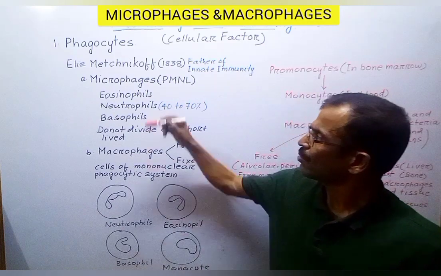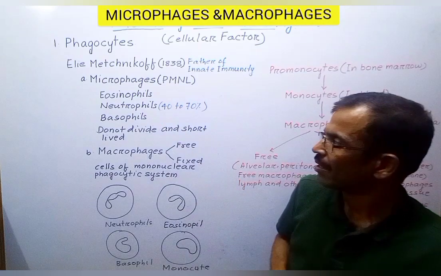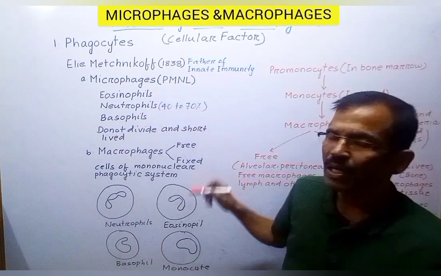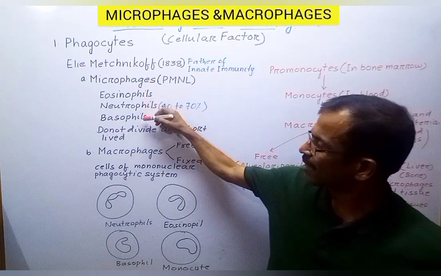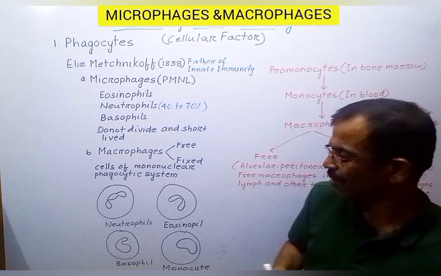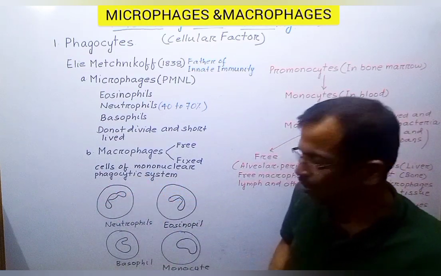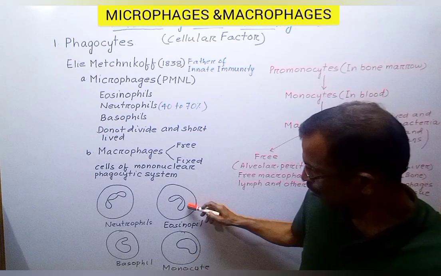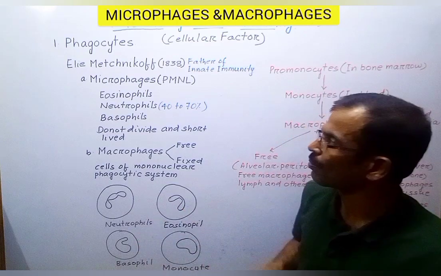It includes eosinophils, neutrophils, and basophils. These cells are short-lived and they do not divide. These white blood cells have distinct morphological characteristics. For example, in neutrophils, the nucleus is multilobed, whereas in eosinophils and basophils, the nuclei are bilobed.